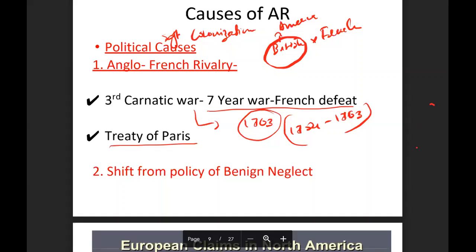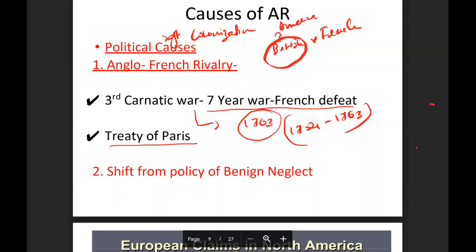Because of that, the British don't have to get scared of the French coming and helping Americans. In the map I've shown you, on the eastern side were the 13 colonies under the British, and on the western side the French were there. Now the French are gone, so they will not come and help Americans. So Britain started exploiting these people. They don't have to worry; now they can extract all the resources from them.